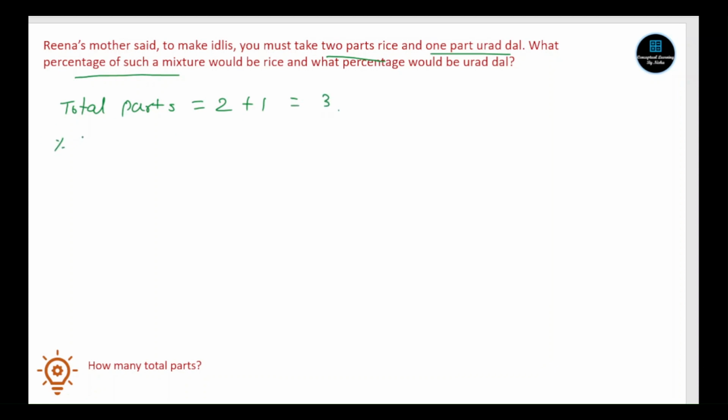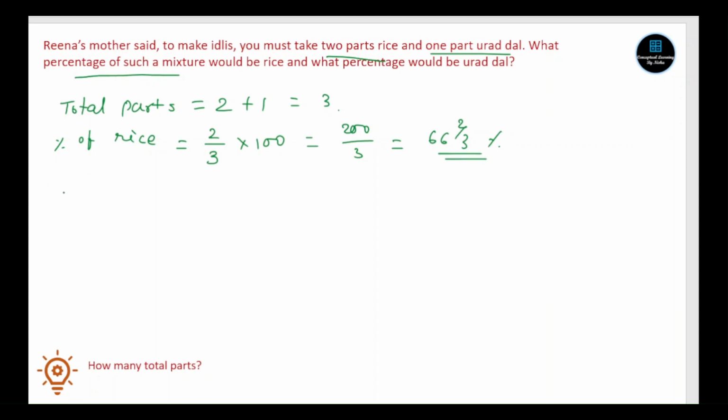So the percent of rice is equal to how many parts for rice? 2, and total are 3. And we have to find the percent value. So it is 200 upon 3. You can find the decimal value also, or if you write in mixed fraction form, that is also fine. So you'll get 66 and 2 over 3%.